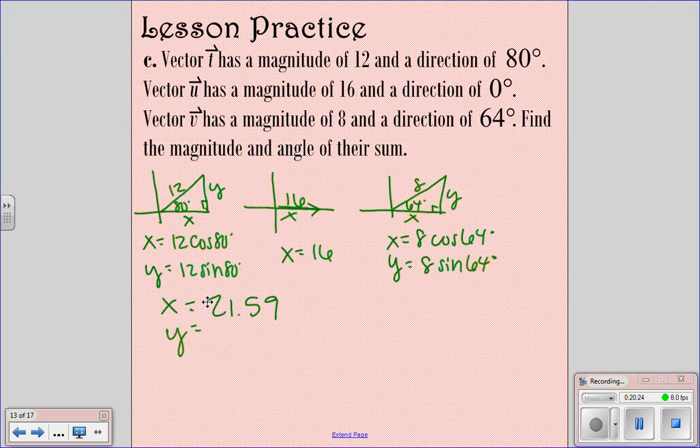And then for your y value, you should get 19.01.